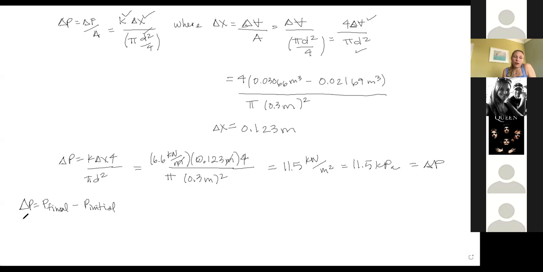We just figured out our change in pressure, and we know our pressure initial because this is what we looked up at negative 34 degrees Celsius. So now we're able to solve for our pressure final. Our pressure final is equal to our pressure initial plus our change in pressure.